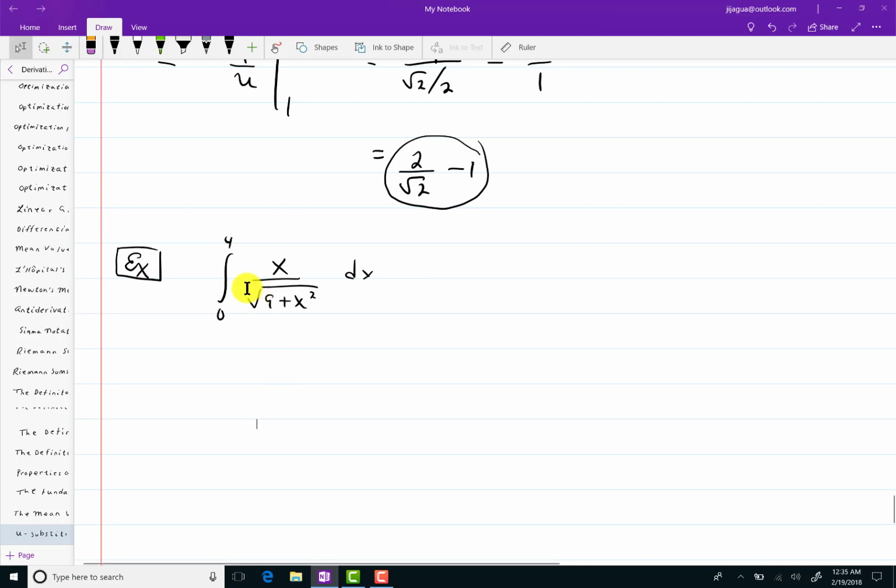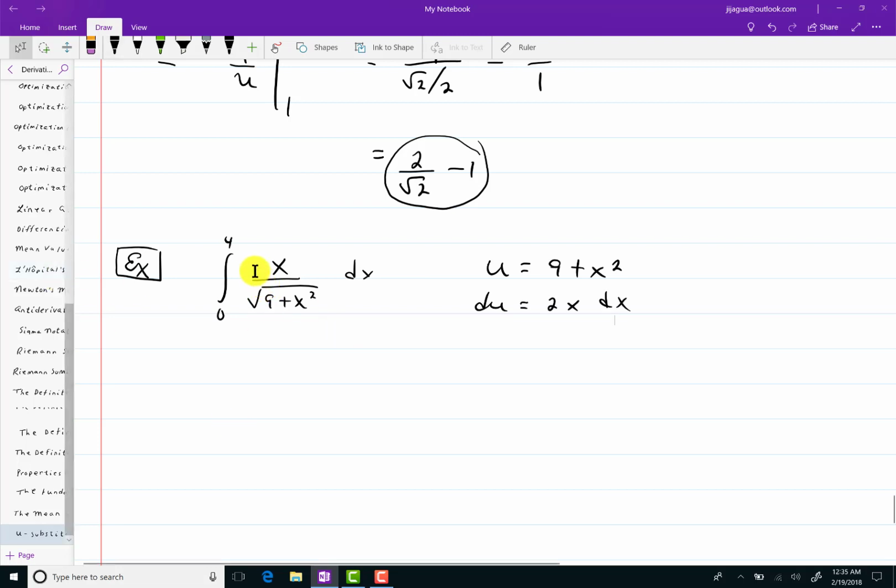I don't recommend letting u be the entire square root, because then when you take its derivative, you're going to get something over a square root. It's not going to be pleasant. Actually, it might not be terrible now that I'm thinking about it, but you're not going to like it if you're new to this stuff. So I'm going to satisfy myself with doing u equals 9 plus x squared, and then du equals 2x dx.